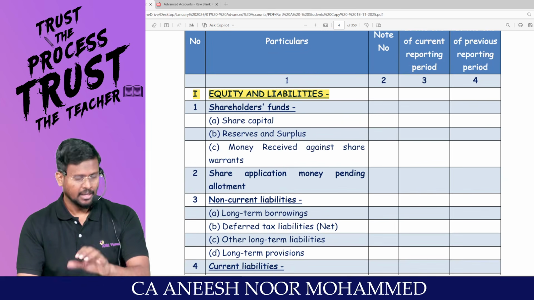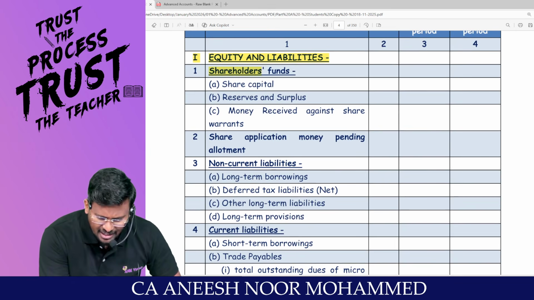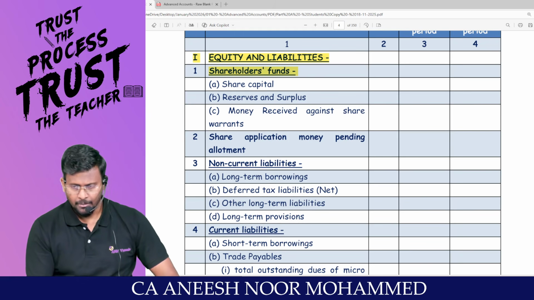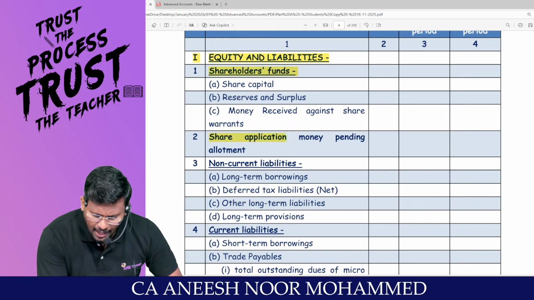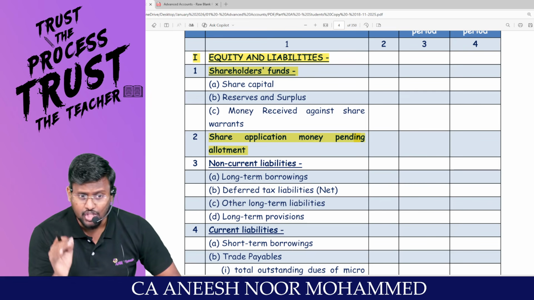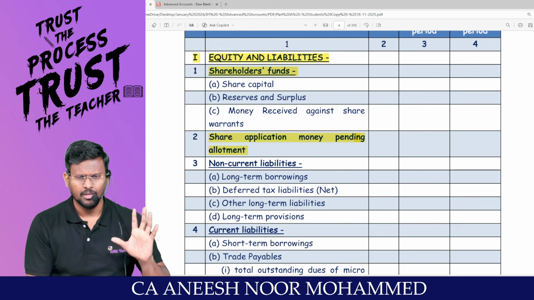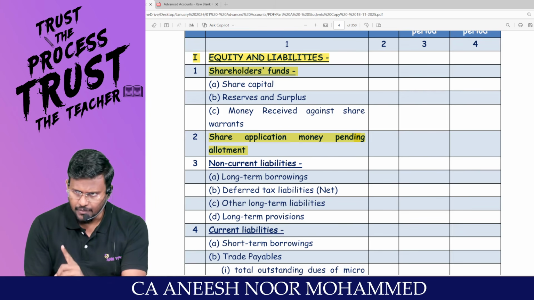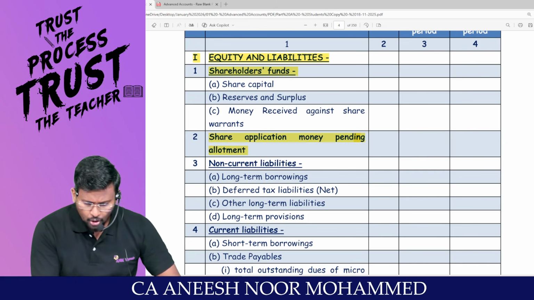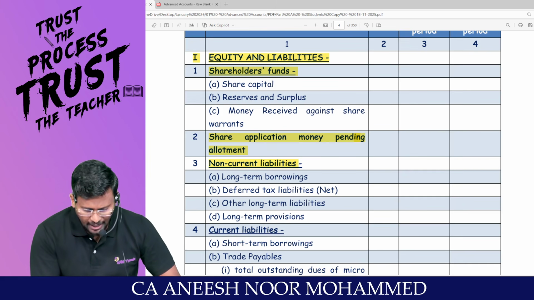In equity and liabilities, the first classification is shareholders' funds. Number 2, share application money pending allotment. I will explain one by one, don't worry. Then non-current liabilities and current liabilities.